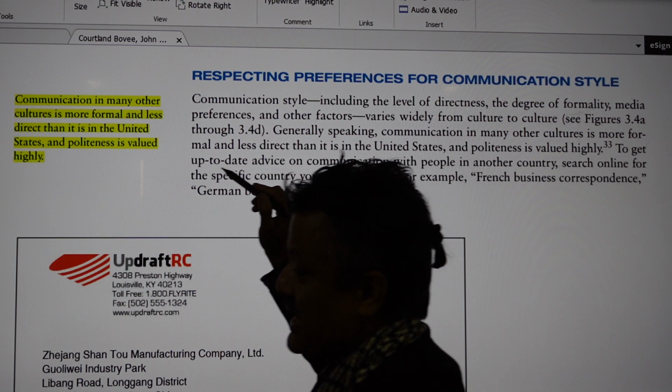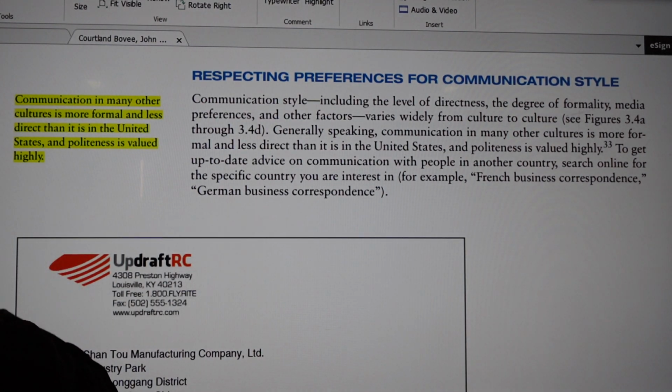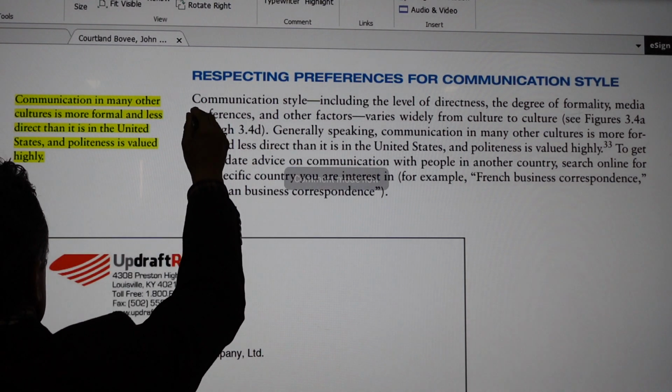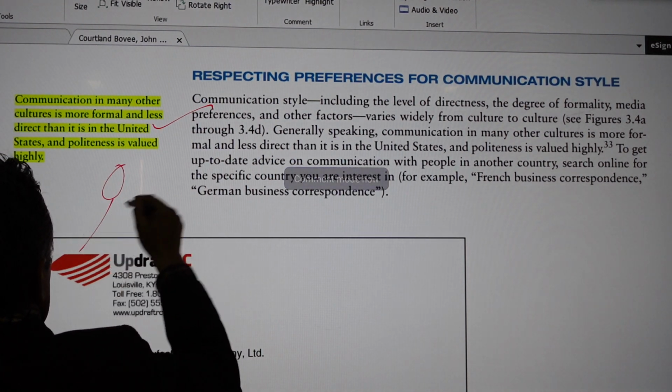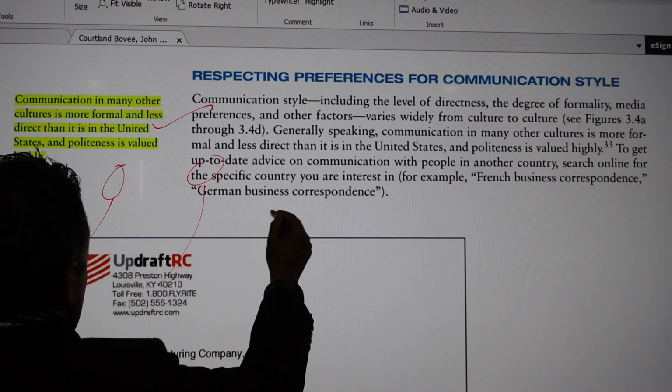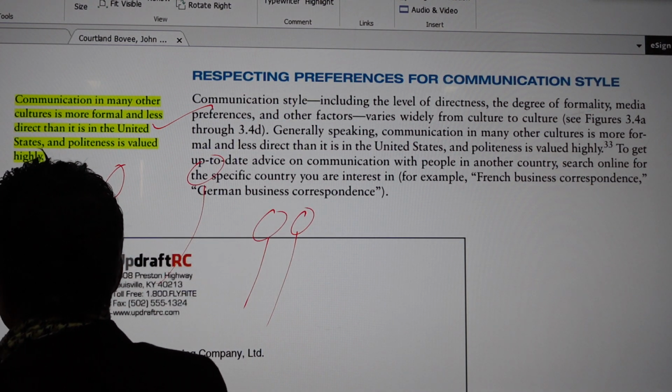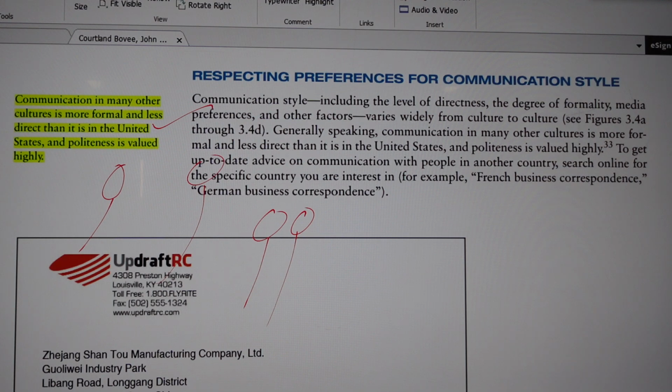Respect communication preferences from another culture. Americans, when they communicate, stay wide apart. Saudis stay very close. Understand that communication style.